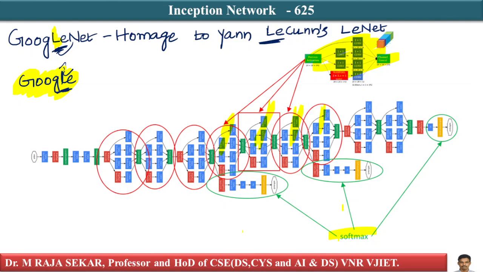All the blue ones, they gave different colors. I request you to study this particular architecture, because it is important. One can realize the importance of inception networks once you study this GoogLeNet. It is a fairly large network, but the inception modules are not very hard to understand.